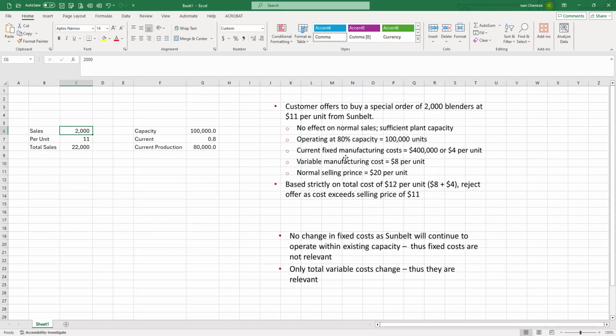Now, the current fixed manufacturing cost is 400,000. That's the current fixed manufacturing cost. Now, if I produce one additional unit, how is this going to affect the total manufacturing cost?